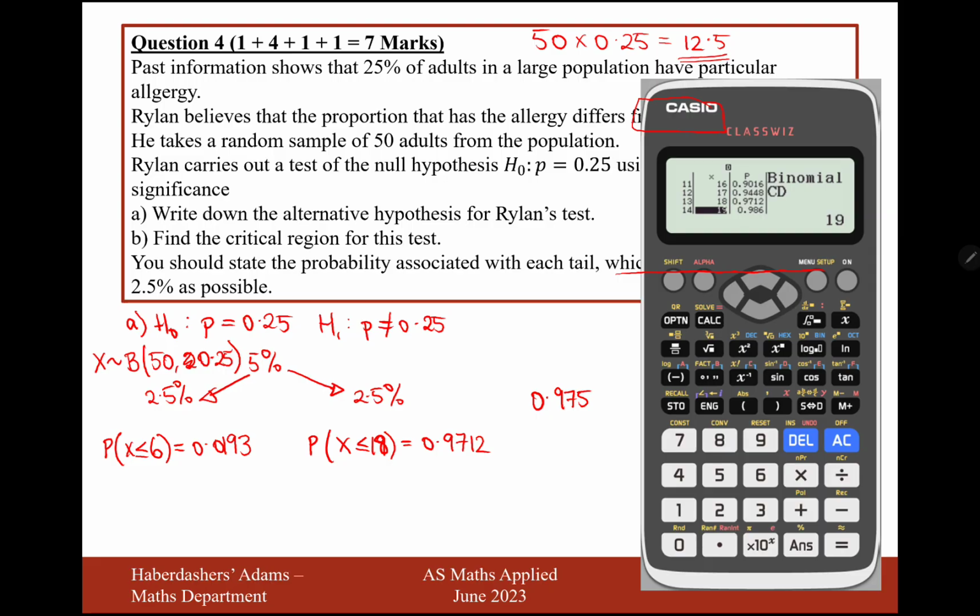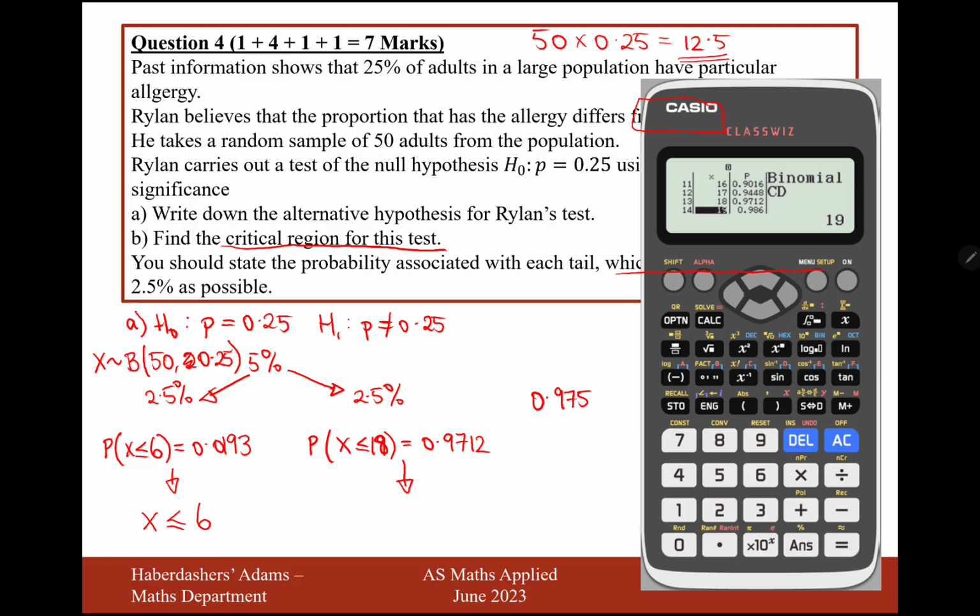Okay, so these are our two values that we need from the calculator, but what now is the answer to the question, what is the critical region for this test? The critical region for the test is the region of X values for which we would say that the null hypothesis is incorrect, and therefore we should take on the alternative hypothesis. So from this probability here, we're going to say that the critical region is X is less than or equal to 6.